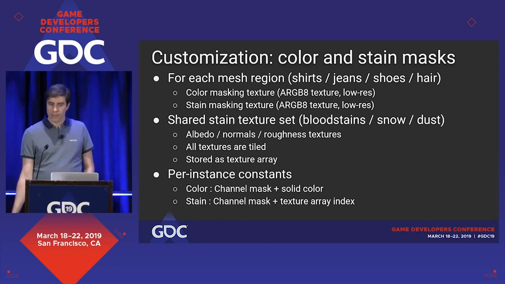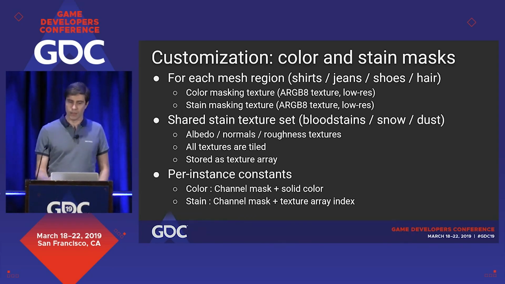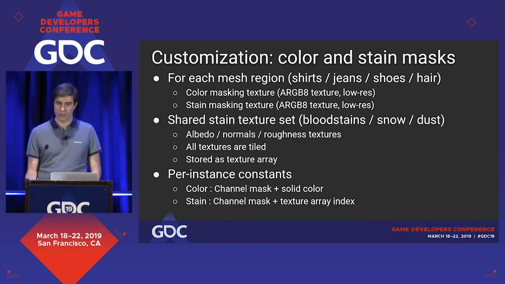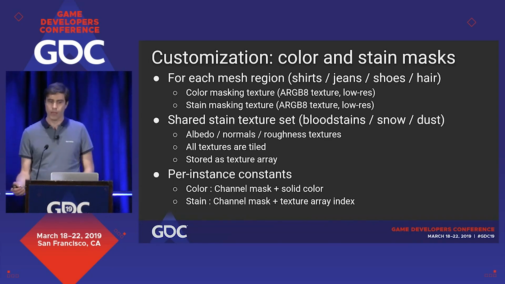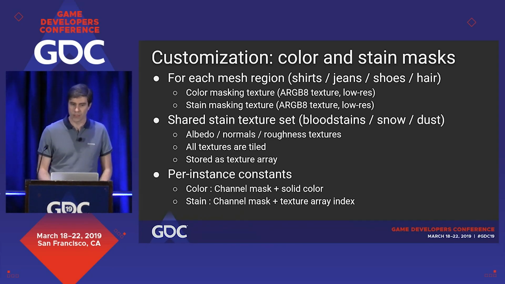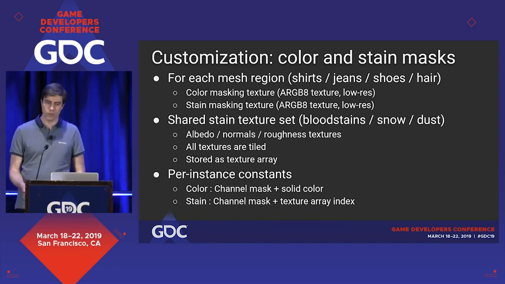To customize color and stain masks, our artist created special masking textures. One masking texture for color, a 4-channel, low-res texture, and one masking texture for stains. Also, all zombies share a texture array with stain textures like blood stains, snow, dust.